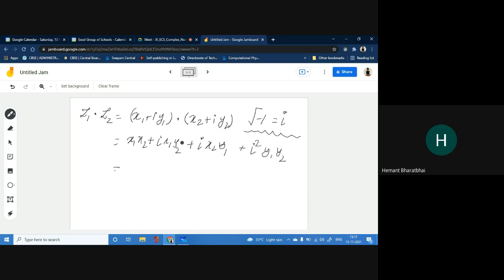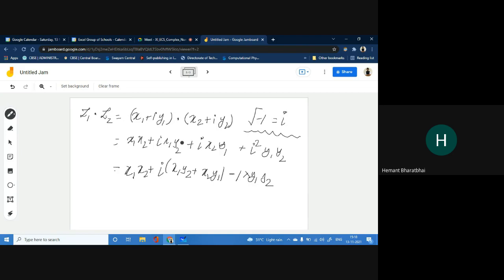Now just remember that we had said that under root of minus 1 is nothing but i. So when I do i square, the square and square root will get cancelled and I'll get i square is equal to minus 1. Okay, so we had defined that square root of minus 1 is nothing but i, so my i square will give me minus 1.